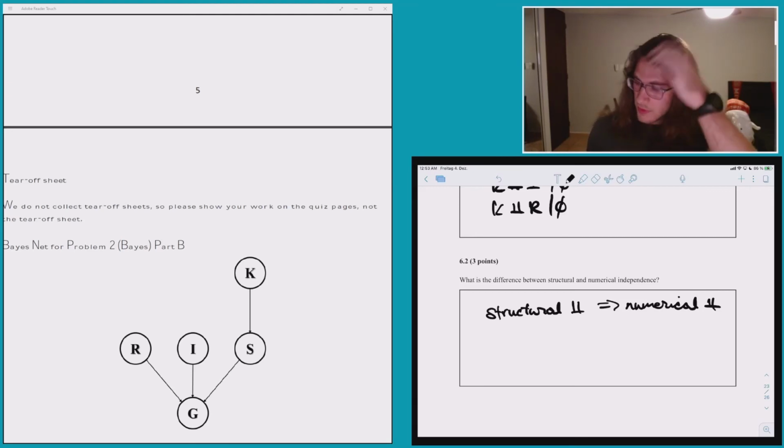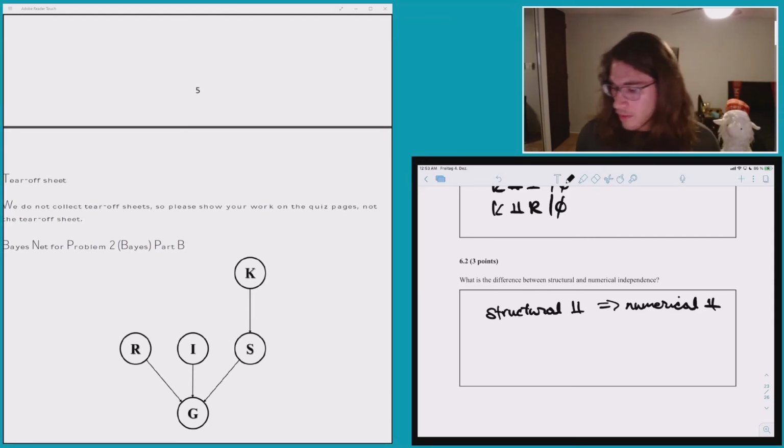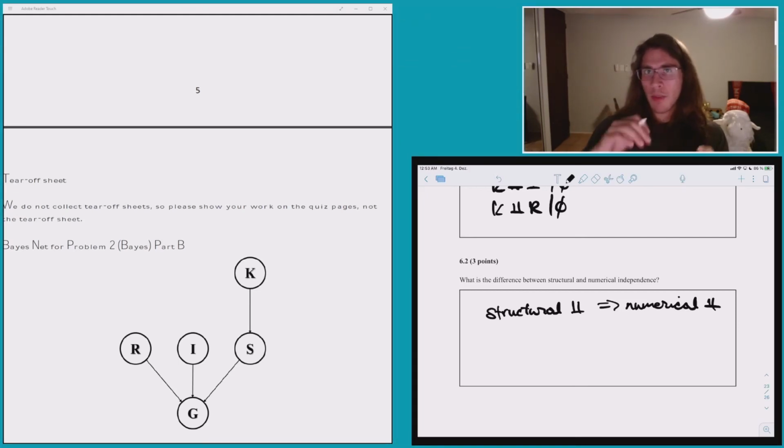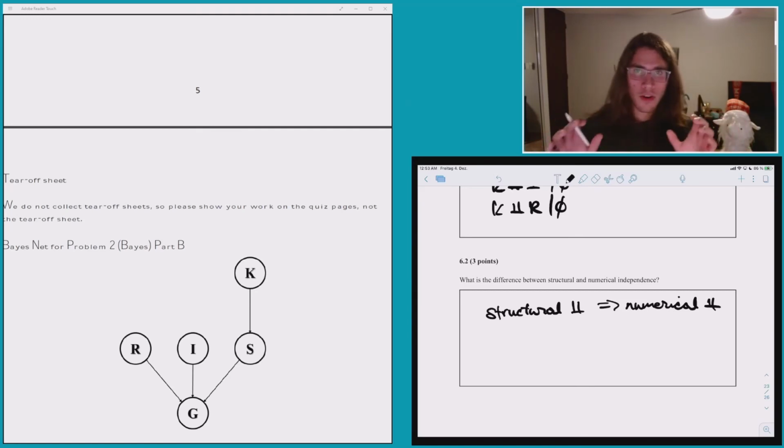And the problem is it doesn't go the other way around. There are cases, for example, when you perform d-separation and there is a path between the two variables of interest, then you would say, yes, these variables are structurally dependent.